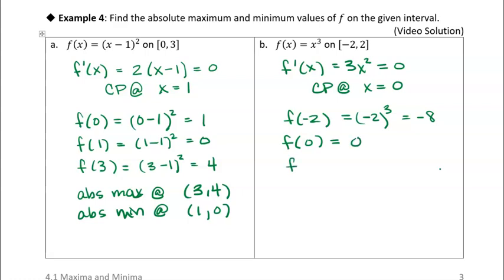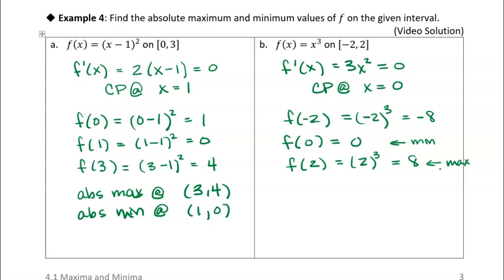And the value of the function at the other endpoint, at 2, I cube 2, I get +8. Now I just need to look at those values to find the biggest one and the smallest one. This is the minimum of all of those values, and this is the maximum. That's all I'm really doing here.